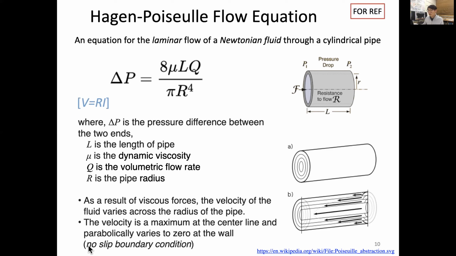So this is called the no-slip boundary condition. So at the surface, there's very little or zero velocity, and in the middle, it's higher. So you solve the equation on this, and you will get the velocity is maximum at the center, and this velocity profile will look like a parabolic shape.